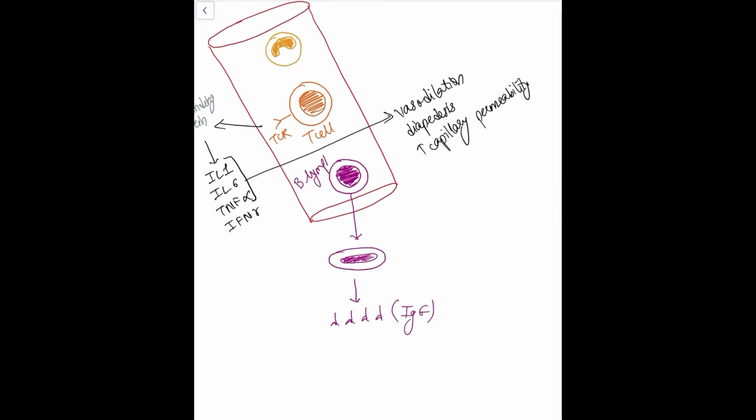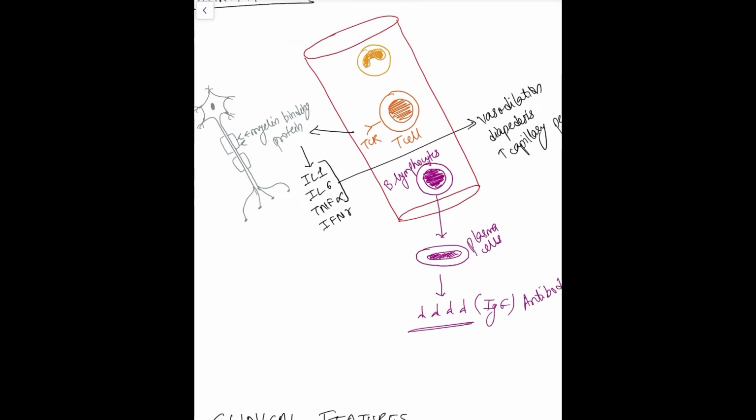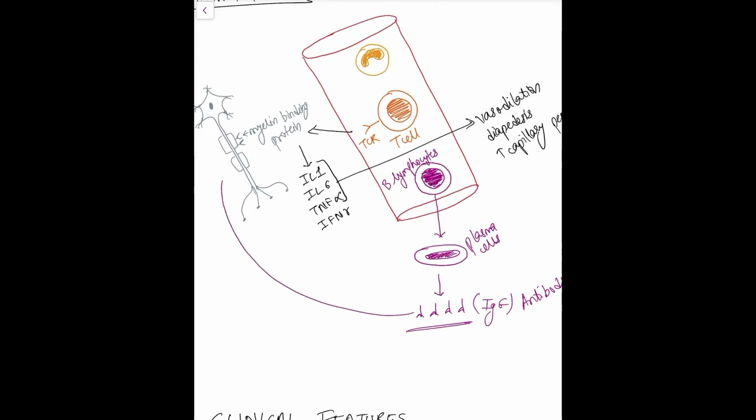What will the B lymphocytes do? The B lymphocytes will get converted into plasma cells, which will produce antibodies. Total IgG production will increase and these antibodies will go and interact with the oligodendrocytes. And the interferon gamma will stimulate the macrophages within the blood vessels.